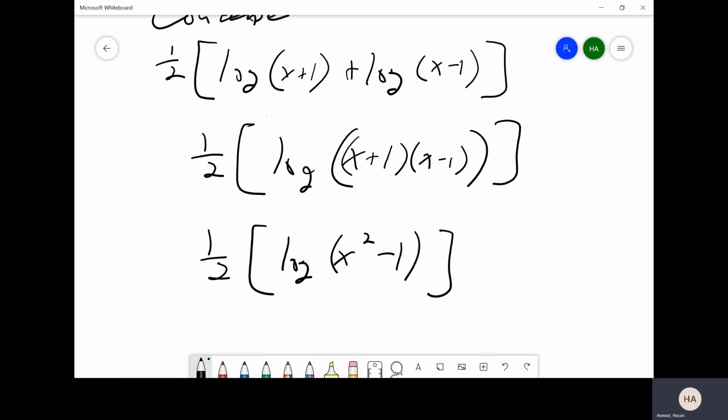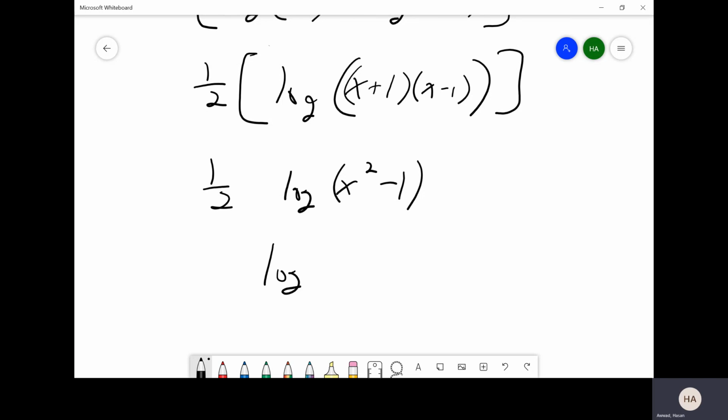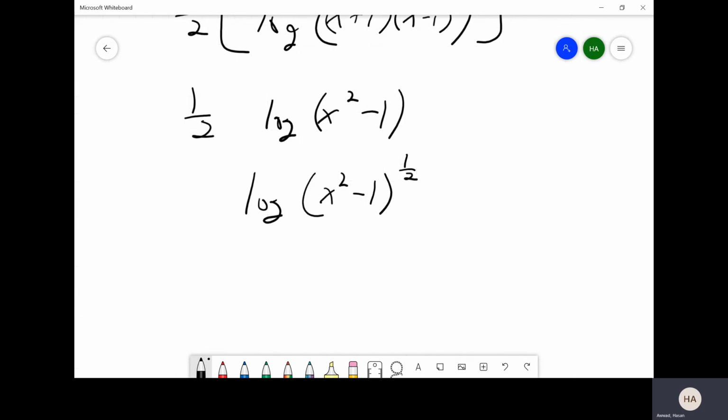And the last piece here is, notice we have this coefficient out front. We can now go ahead and remove these brackets. We don't need them anymore, right? So we have this coefficient of 1/2. So this is the same thing now as log of x squared minus 1 to the 1/2 power. And if we really want to convert this all the way, the final form is log of the square root of x squared minus 1.